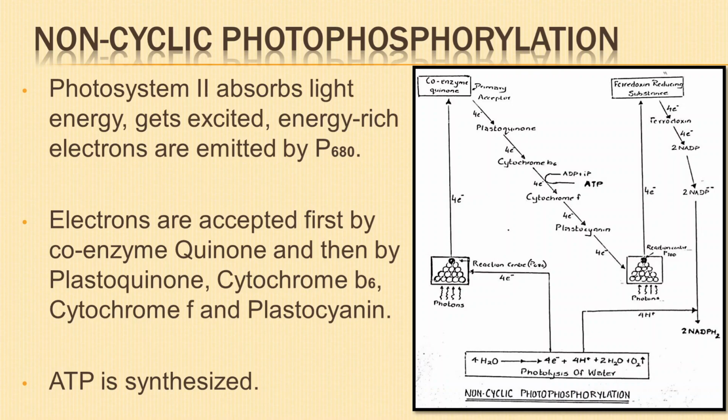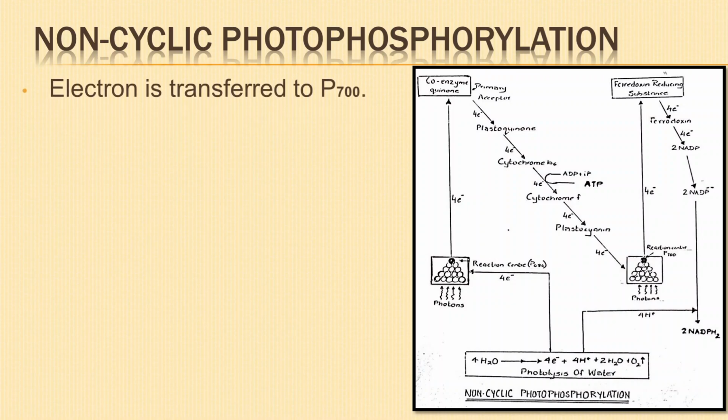The reduced plastocyanin transfers the electrons to the reaction center of P700.